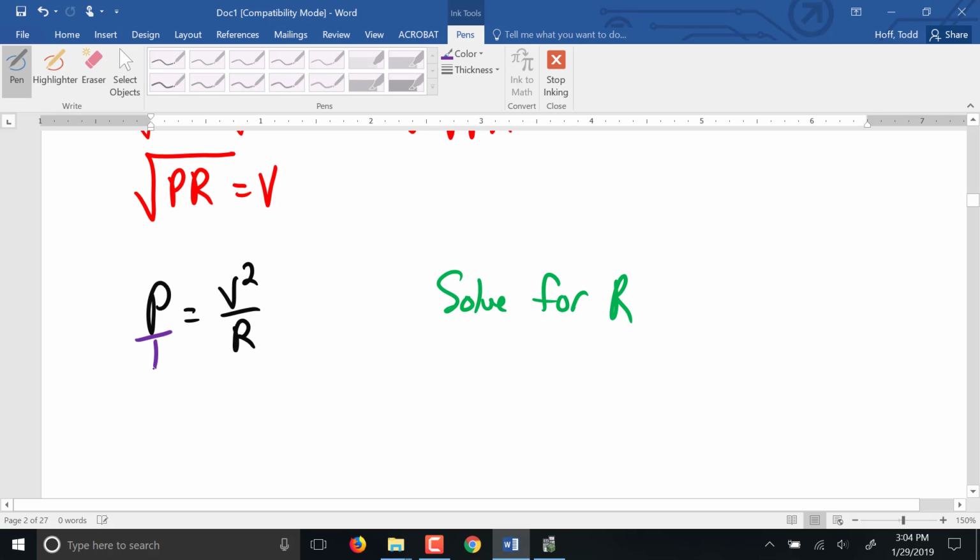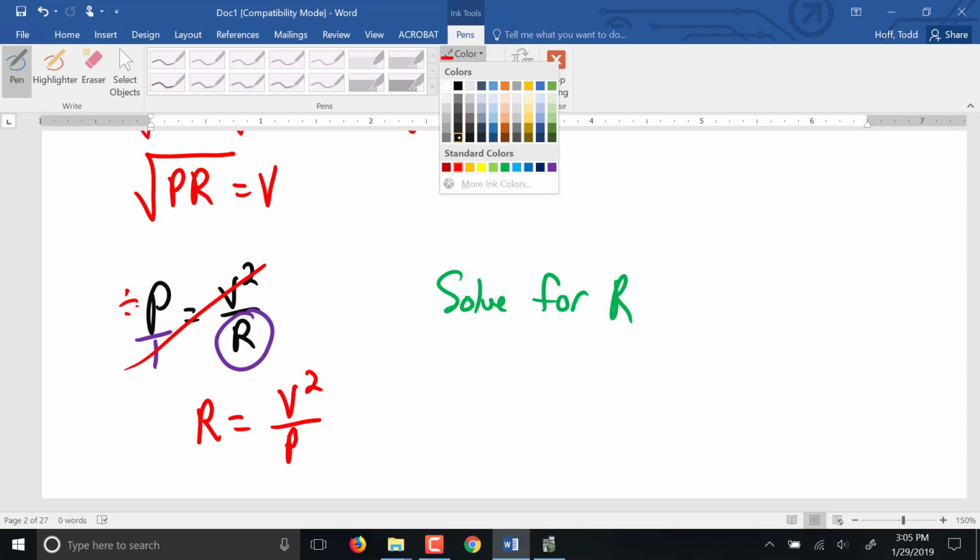We can turn it into a proportion like that. So we got P over 1 equals V squared over R. Remember, to solve for it, if we treat R as our missing piece of the proportion, you cross multiply and divide. So R is equal to 1 times V squared, which is just V squared, divided by P. So R is equal to V squared over P.